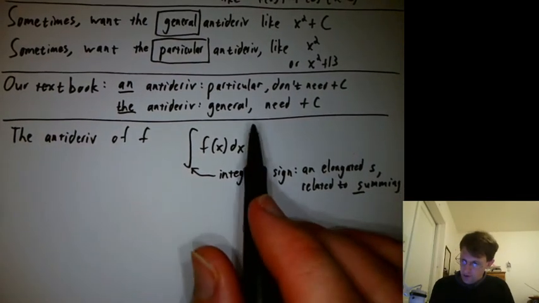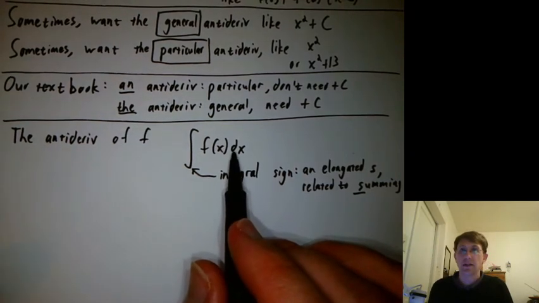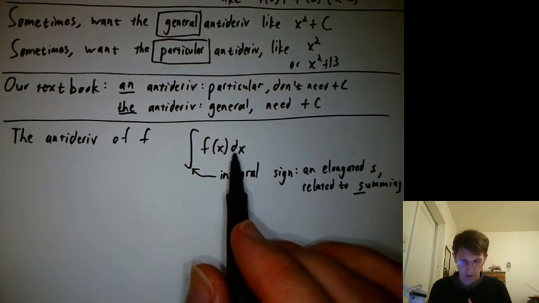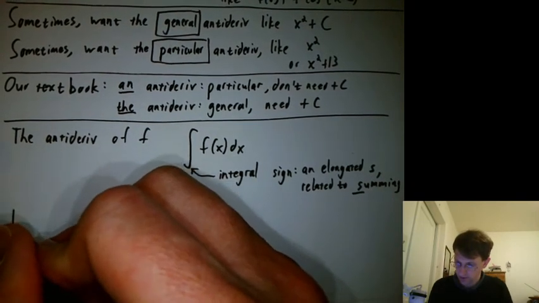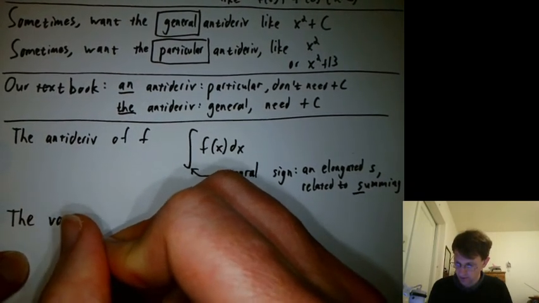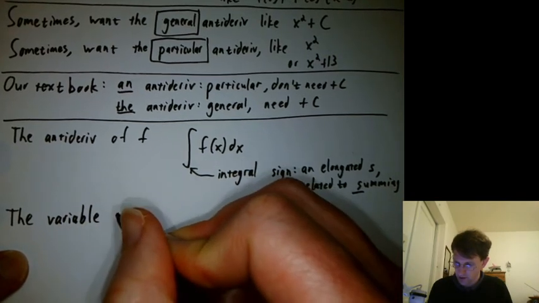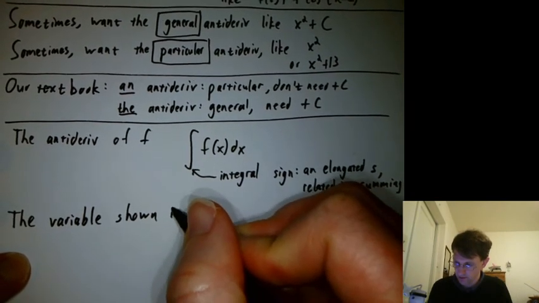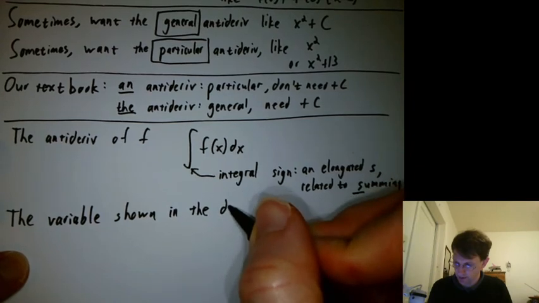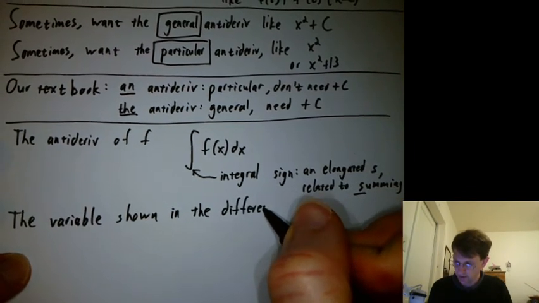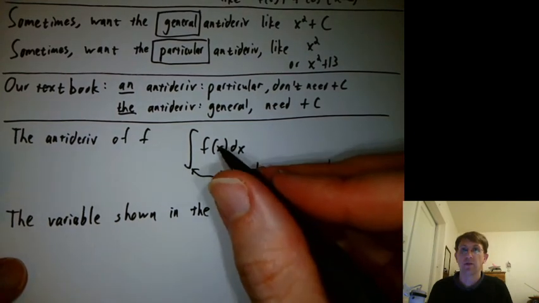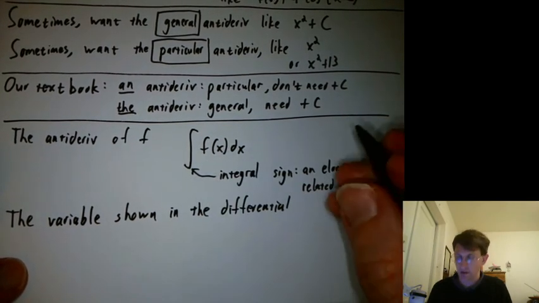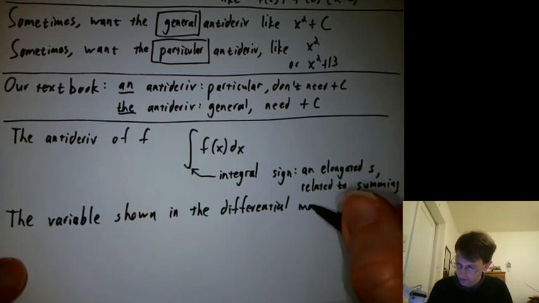All right, and the variable after the d, like dx or dt, has to match the variable that we're giving the function. So the variable shown in the differential matches whatever variable in our expression of f that we have.